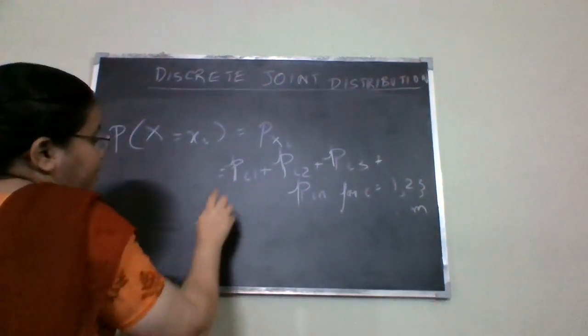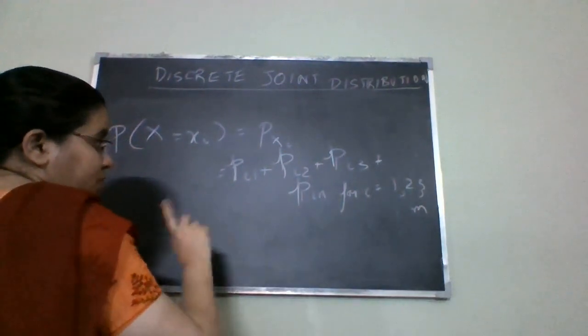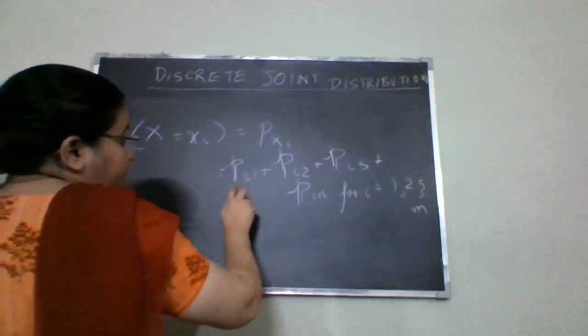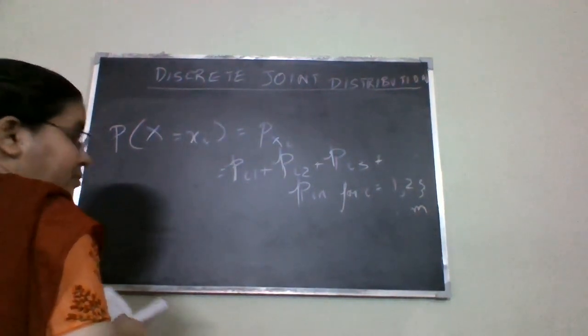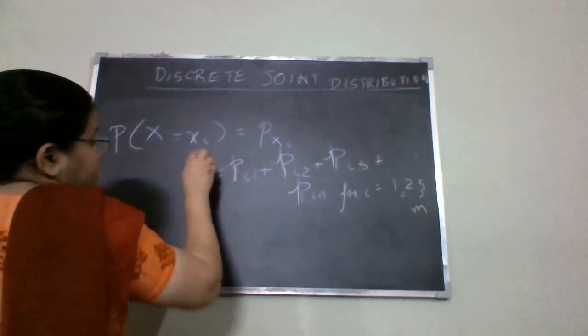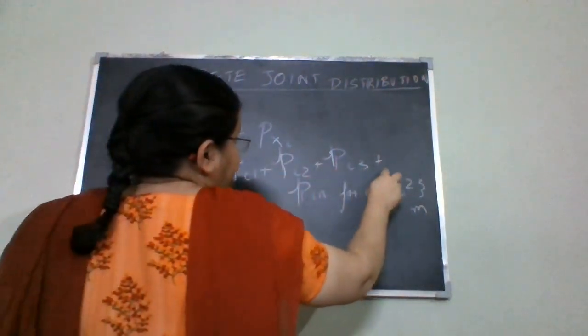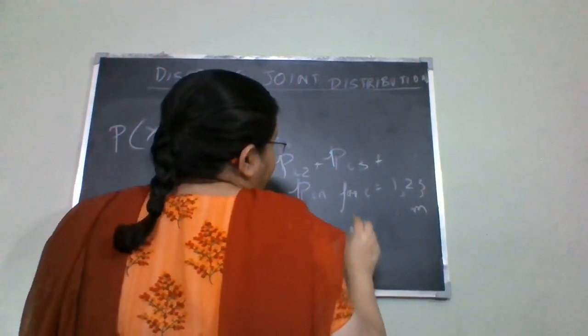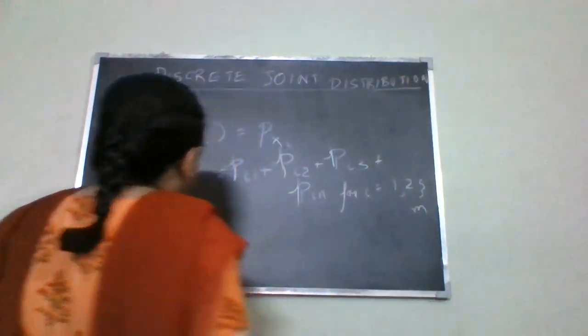This is row-wise addition. It is also called the marginal probability mass. P(X = x_i) is the marginal probability mass.